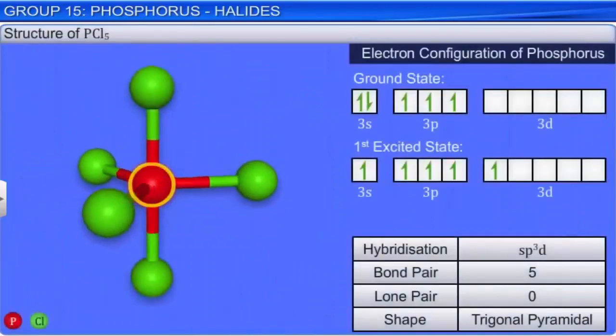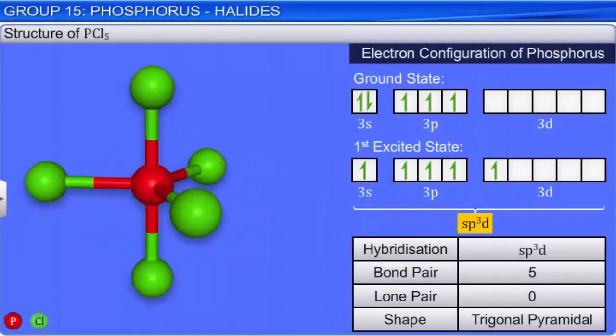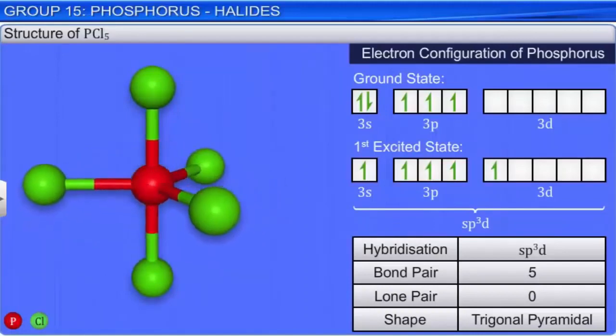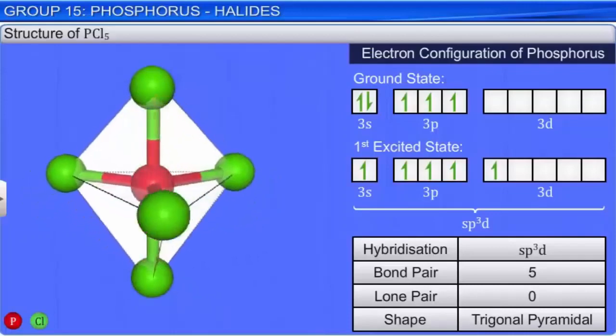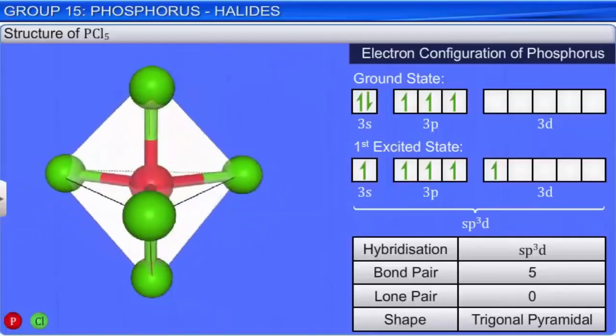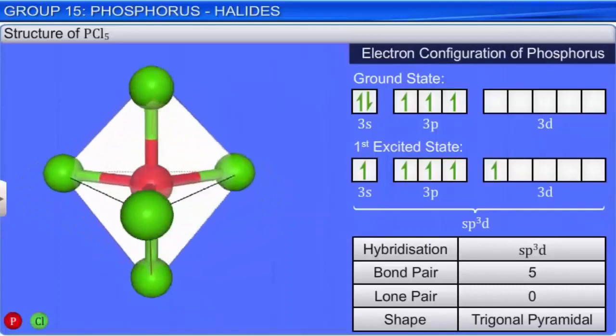The central phosphorus atom in phosphorus pentachloride undergoes sp3d hybridization. From the VSEPR theory, you know that since all the 5 electron pairs in these hybrid orbitals are bond pairs, the geometry of the molecule is trigonal bipyramidal, as shown here.